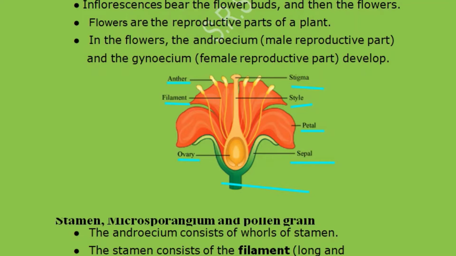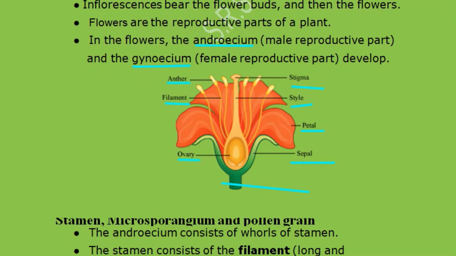Now what is the difference between androecium and stamen? A group of stamens is known as androecium. At the same time, the term gynoecium: a group of carpels or pistils is known as gynoecium.